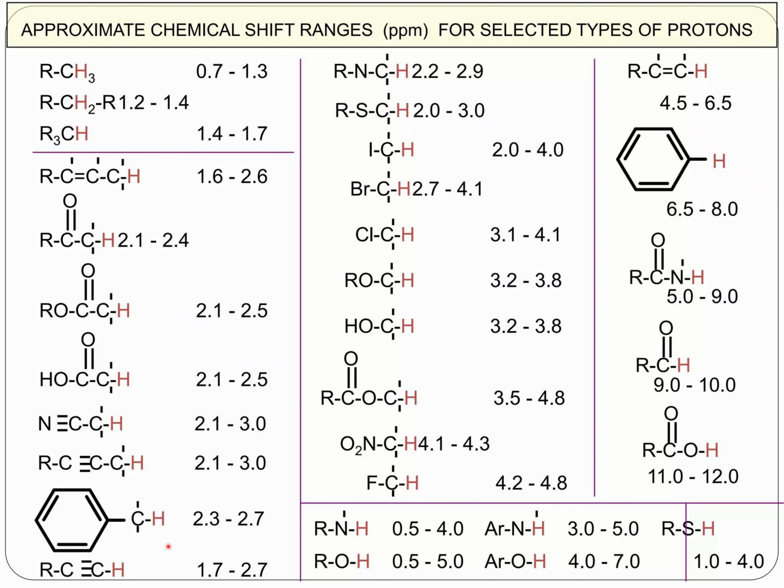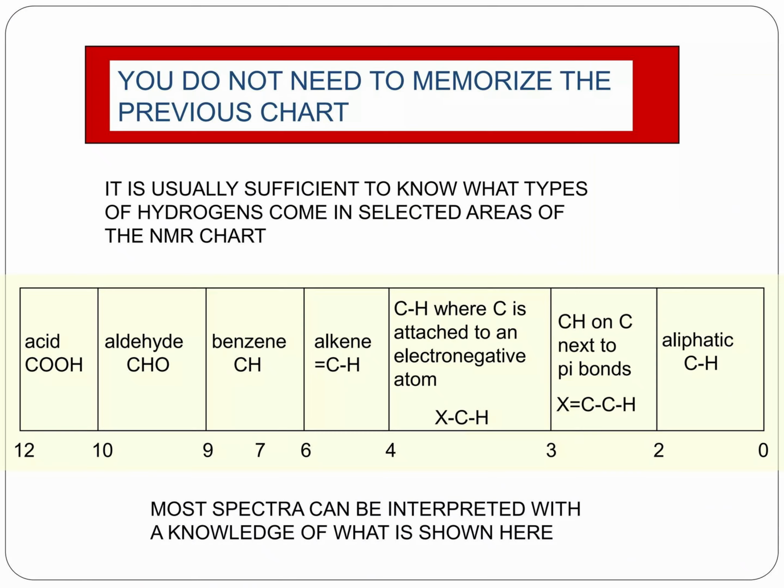Then these are for some aliphatic compounds. Actually, it is not necessary to memorize this. Just keep the theme in your concept. The aliphatic, and this shows some unsaturated.